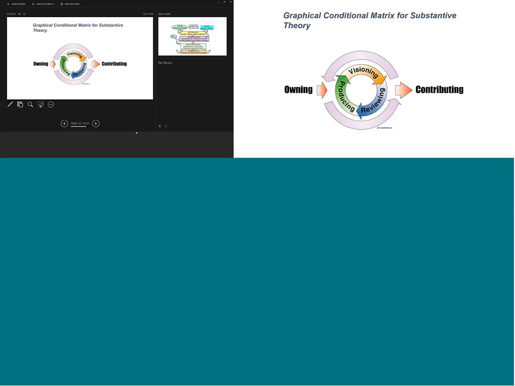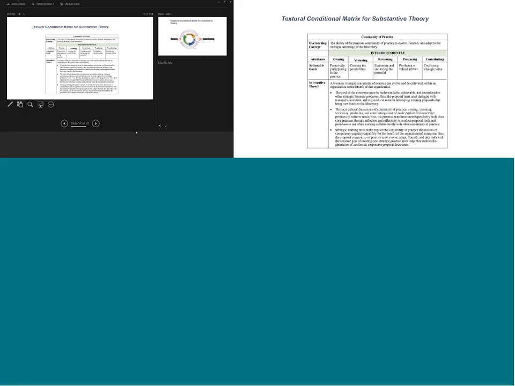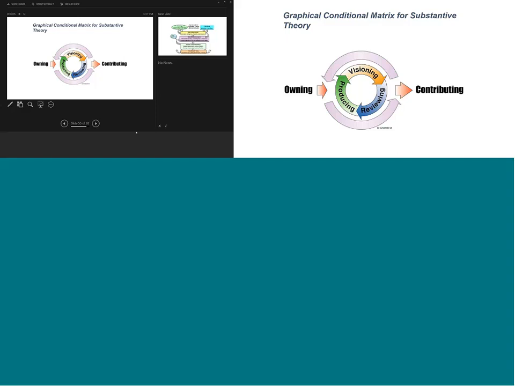And I oversimplified Dr. Carlson's theory there, but I just wanted to show how you can use a textual approach to create a conditional matrix if you're not creative, or you can create a graphic of your emerging theory.